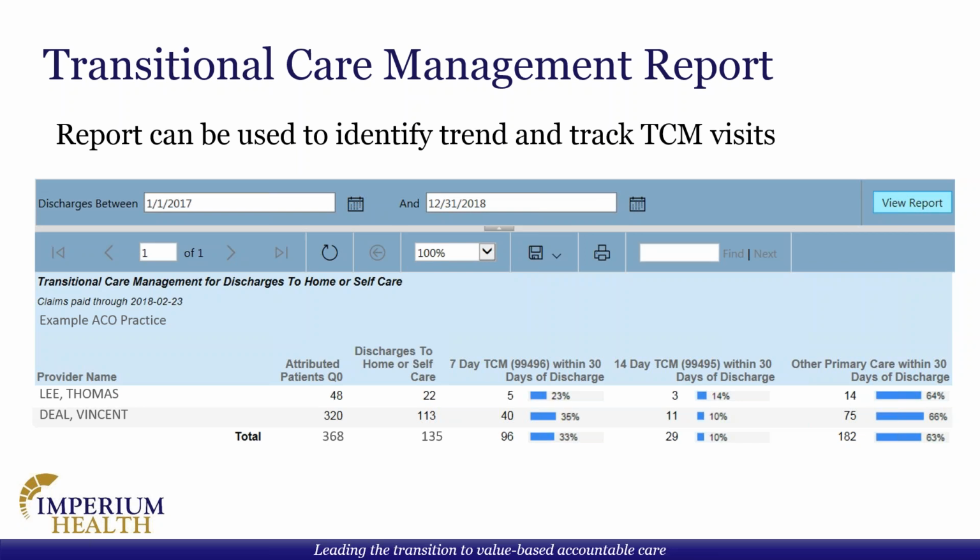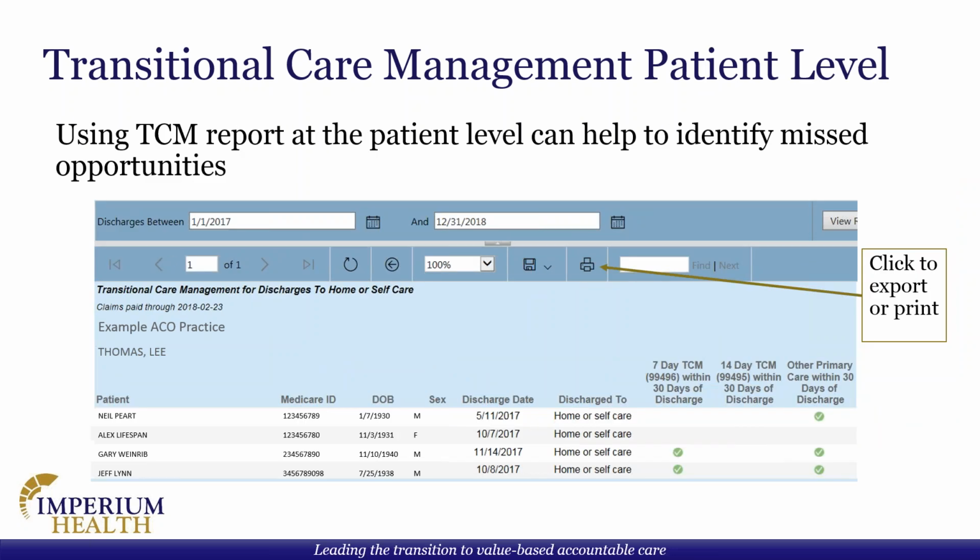If you're a group that has multiple providers, this is going to be really valuable for identifying is there variation between providers. And then you can take it a step further and drill down to a patient level and identify where were there missed opportunities at a patient level. And then drill down even one step further to be able to see where were there missed opportunities from a facility level.